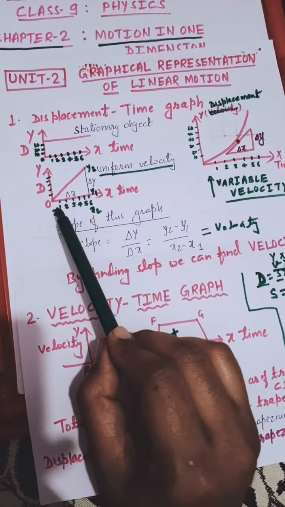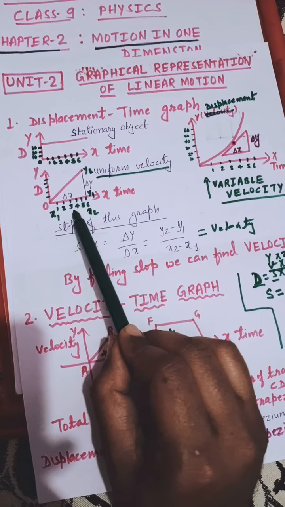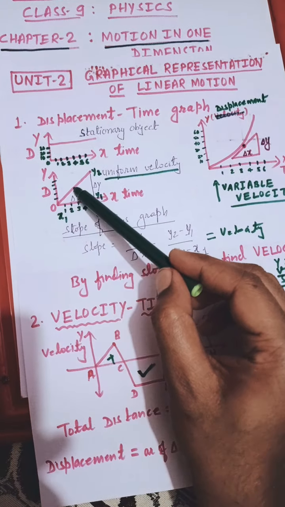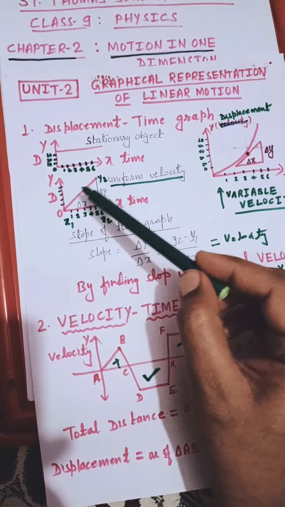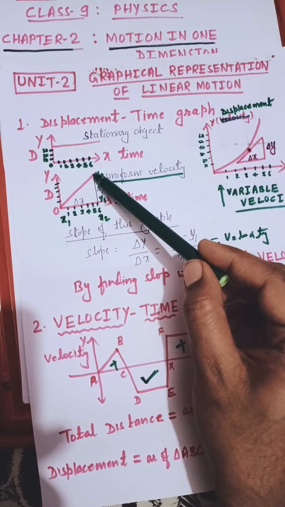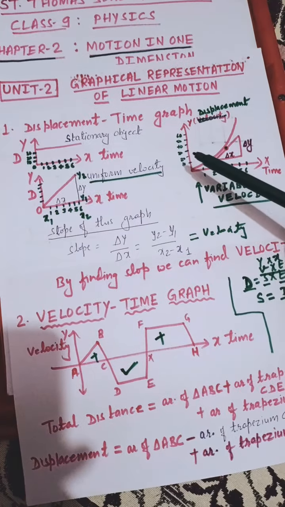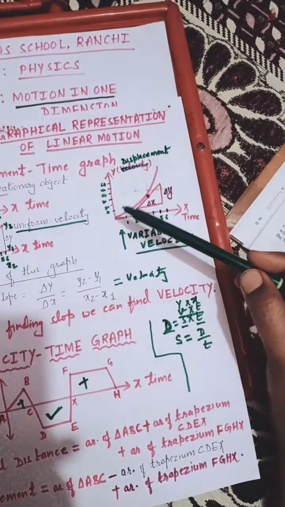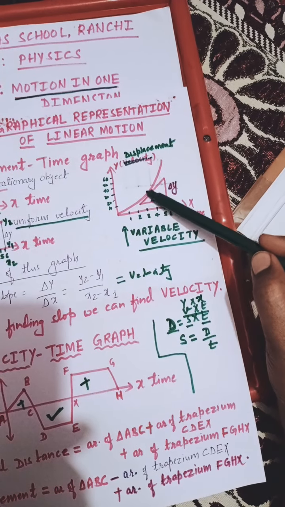This means that for every second of motion this object travels with uniform velocity. Thus this graph comes as a straight line like this. And in another kind of displacement time graph, what you are observing is that the line comes as a curved line.